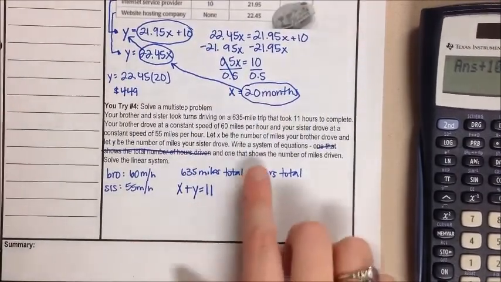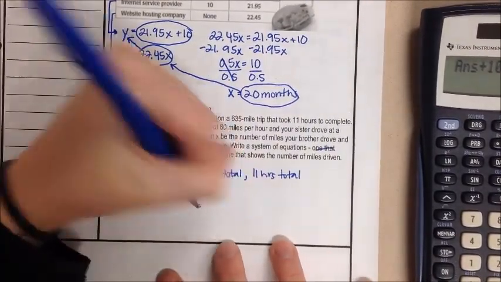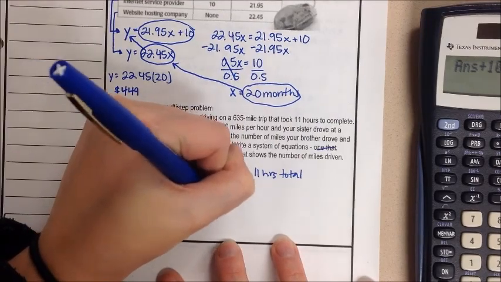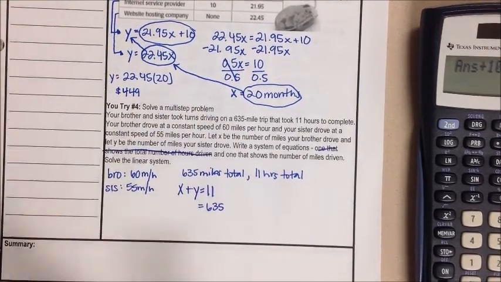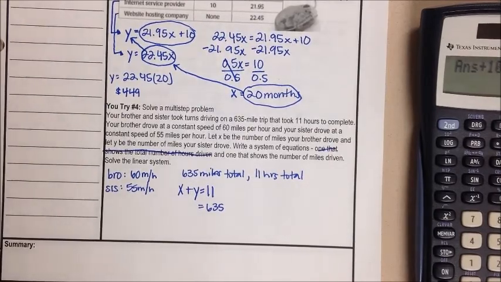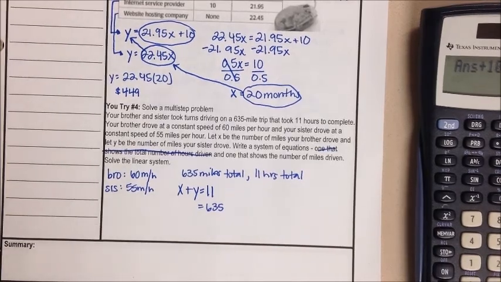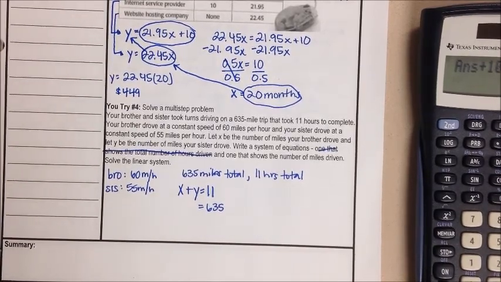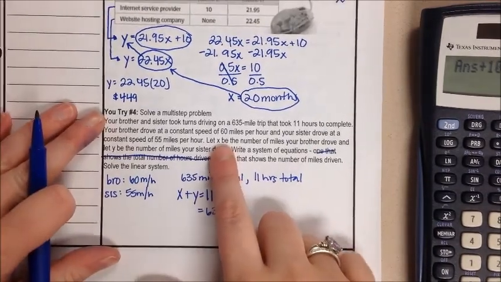Okay, and then the equation that shows the total number of miles driven. Well, I know that's supposed to be 635. I'm going to change what this says real quick.